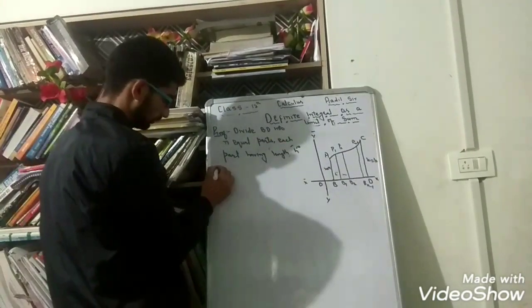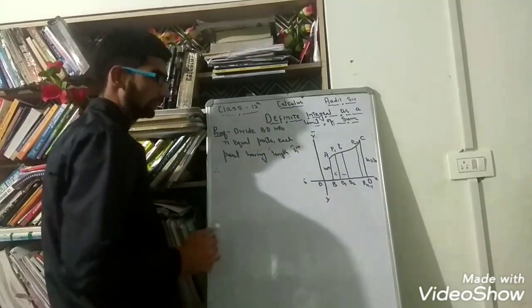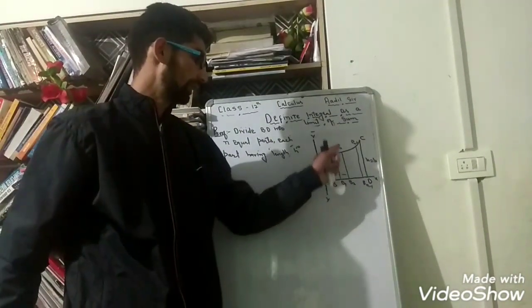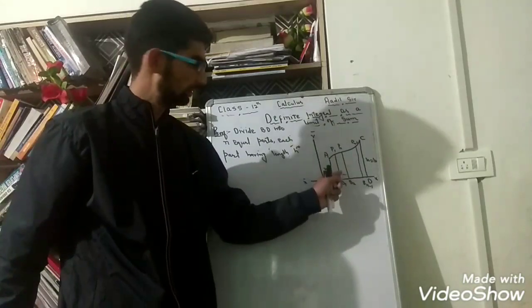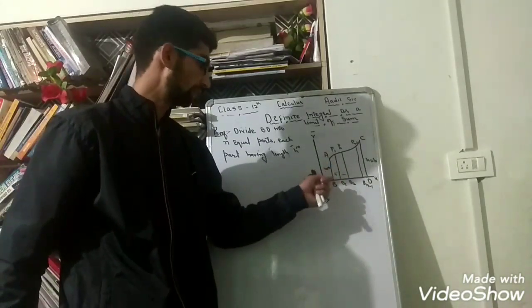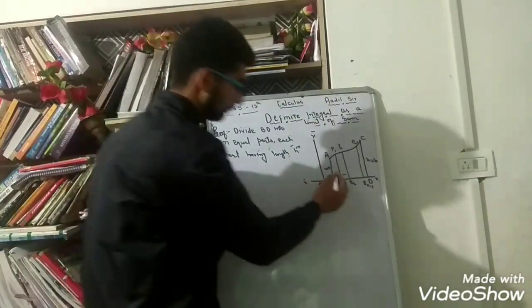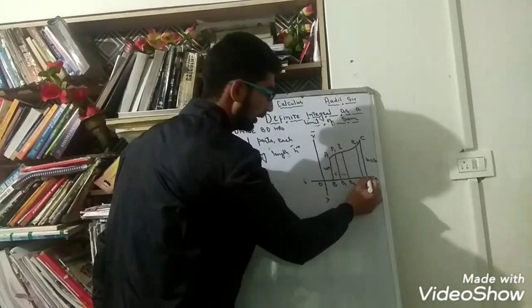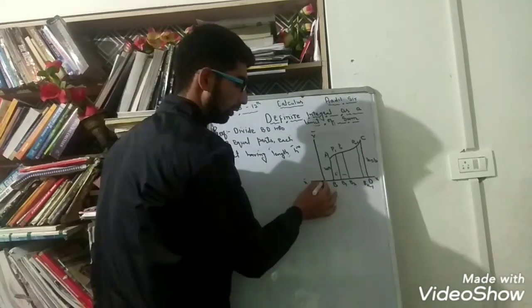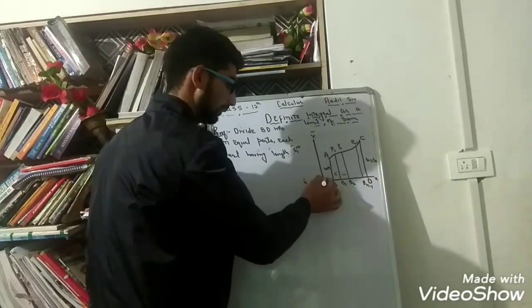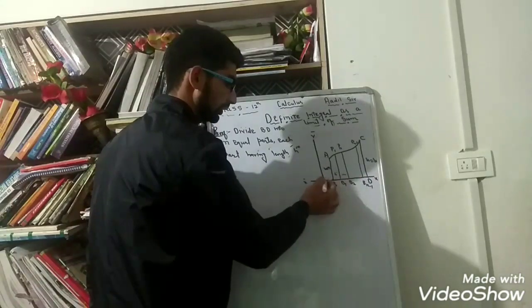Therefore, this BD, we have divided this distance into n equal parts, and each part we have taken the length as h. Now we know that this whole distance BD is equal to the distance from the origin OD, from which we subtract the distance OB.